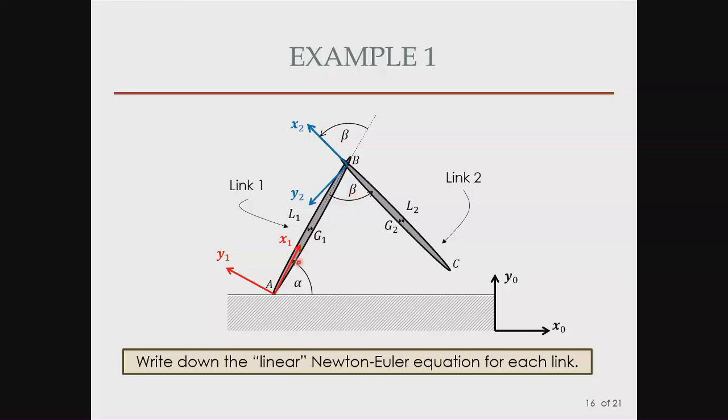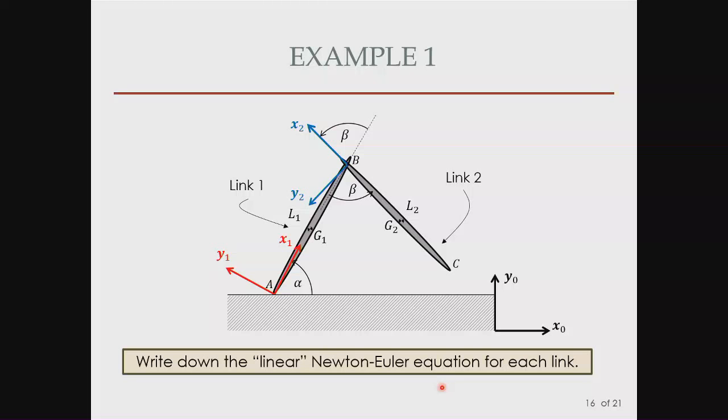So when you are told to write down the linear Newton-Euler equation for a given rigid body, you need to know what to do. You need to find the center of mass of that rigid body and the absolute linear acceleration of that center of mass.